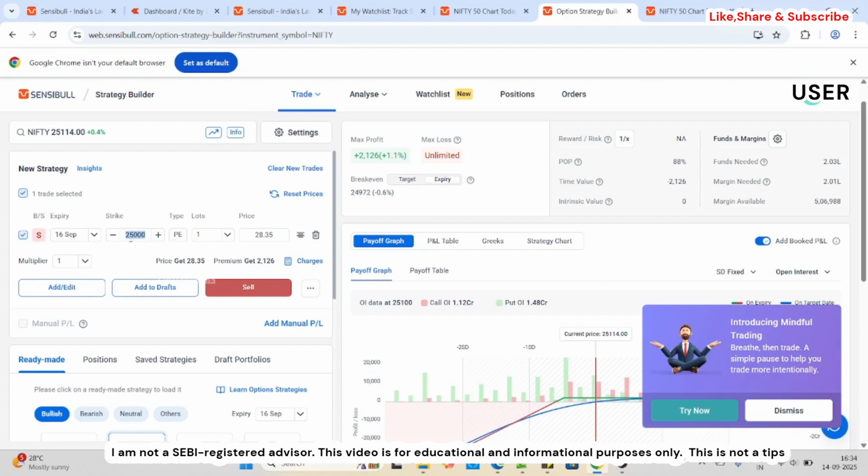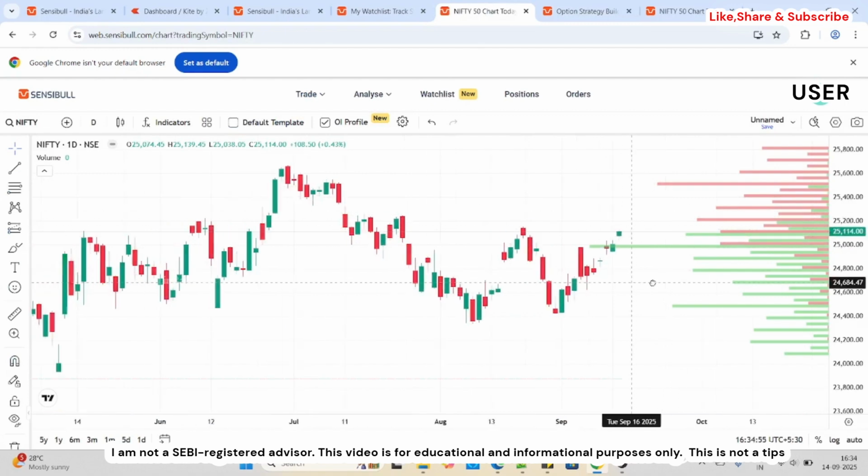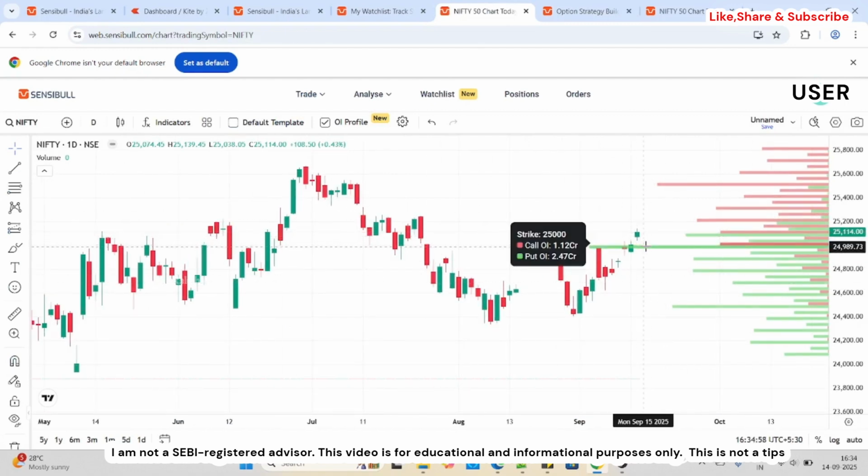Okay, now people are telling that Nifty will not cross below 25,000. So that's the reason they have put a PE sell option. PE sell option means from here it will go up. That's what the Nifty is doing. If suppose this comes below 25,000 strike price, then you will be in a loss.